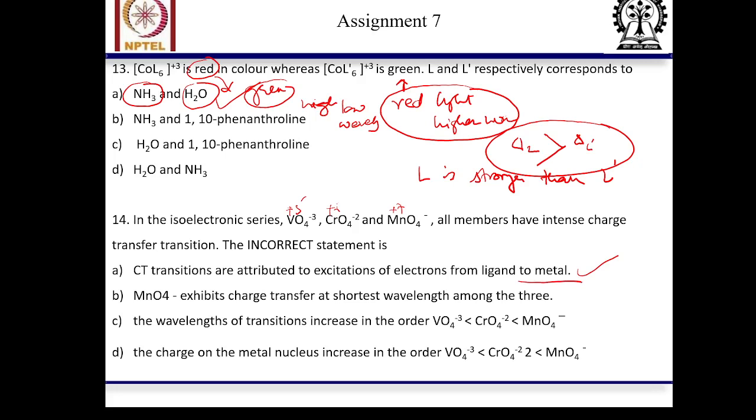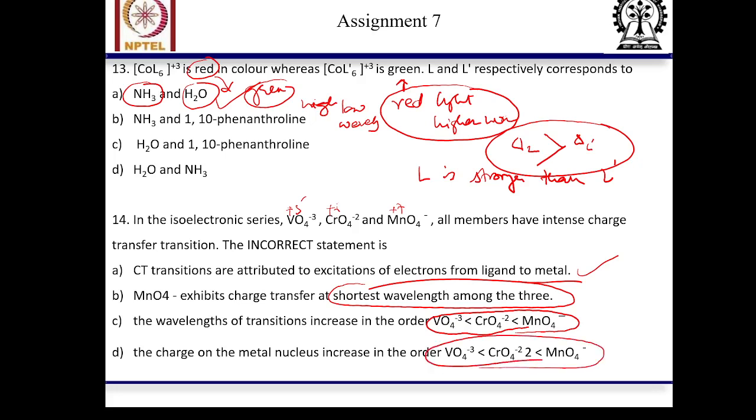Now the wavelength of transition is increasing in order of this. So this has higher wavelength and here it is showing the shorter wavelength. Again the charge and the nucleus increasing in order of this, right? So how will we find which is which?